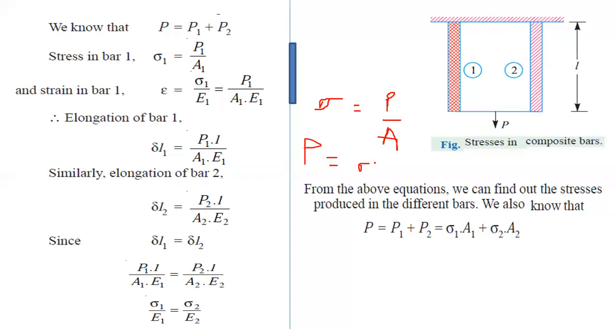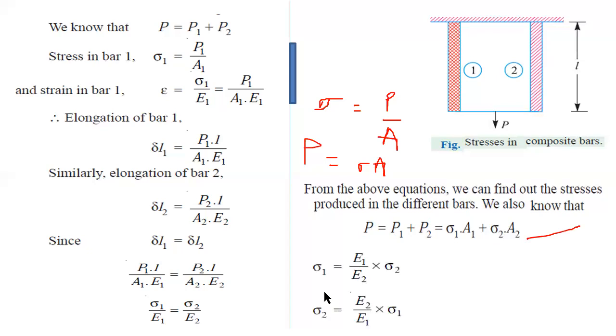For load 1, P1 is the load acting on bar 1, equal to the stress induced in bar 1 into the cross-sectional area of bar 1. Similarly, P2 is the load acting on bar 2, sigma 2 into A2. This is one equation for finding the total load acting on the bar.